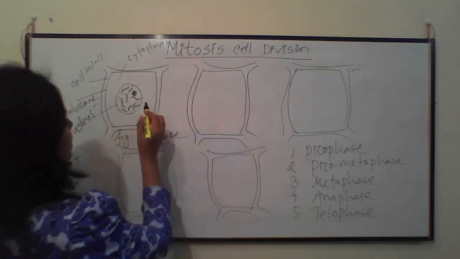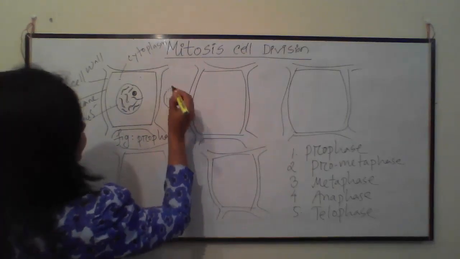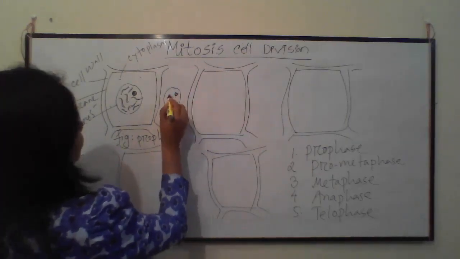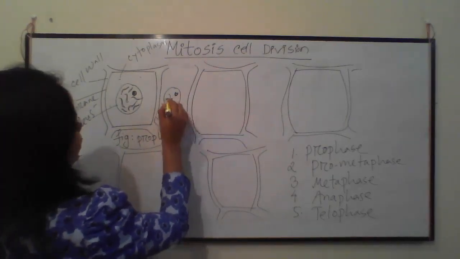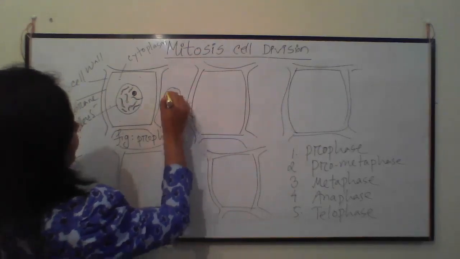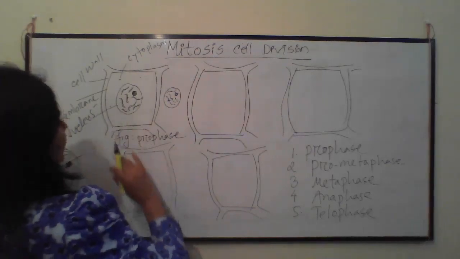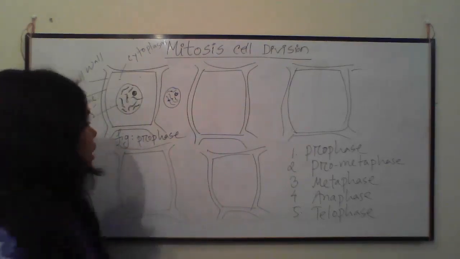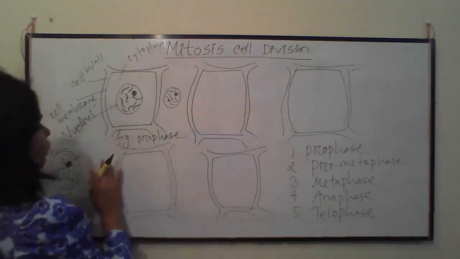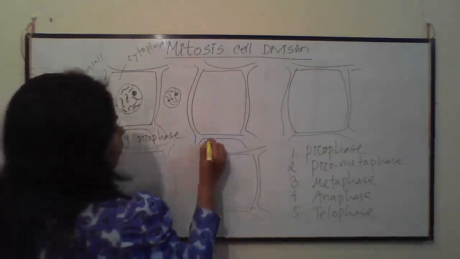In late prophase, the nucleolus is there, and the chromatin fibers longitudinally divide and are joined at their centromere. I'm not drawing it here, I'm just telling you now.